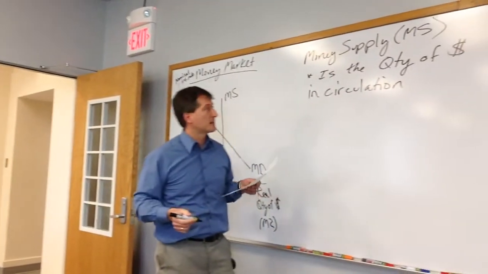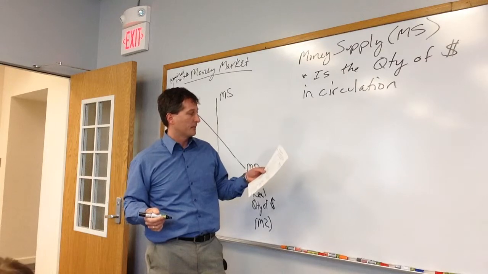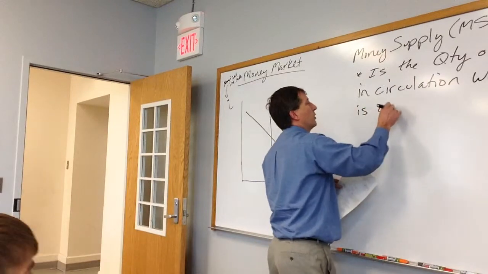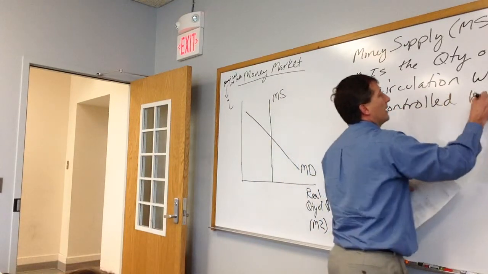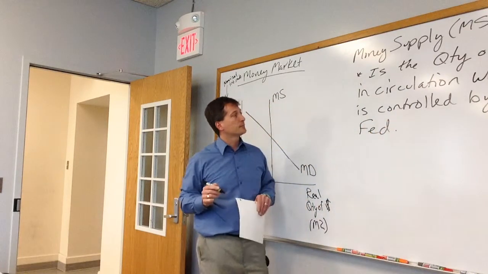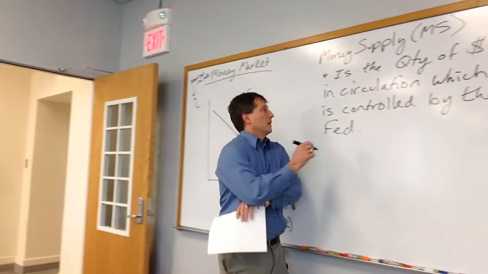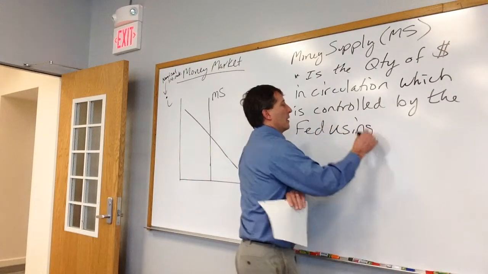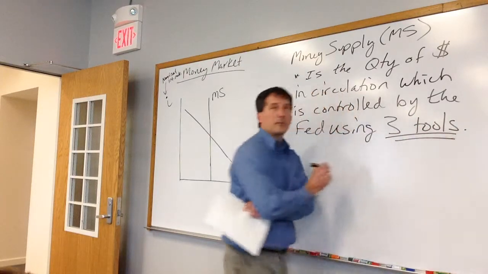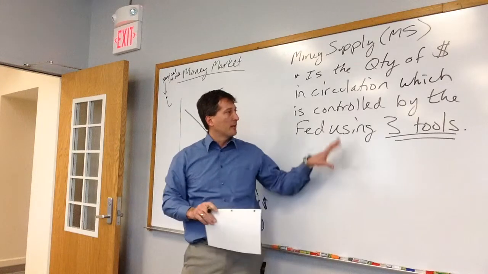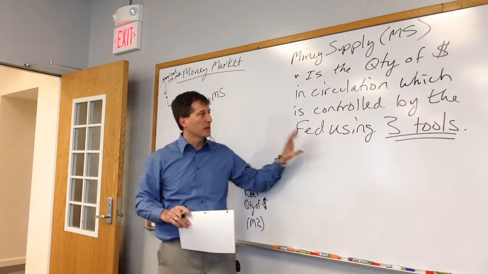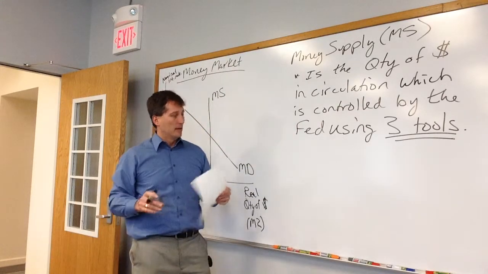Again, it's currency plus checking accounts, as we've learned, and savings accounts, which is controlled by the Fed, or the central bank, using three tools. So we haven't spent too much time on them, we've talked about a couple of them, but we're identifying the toolbox of the Fed.